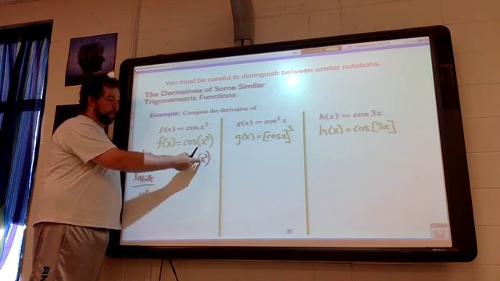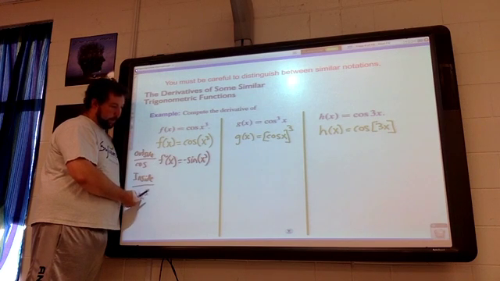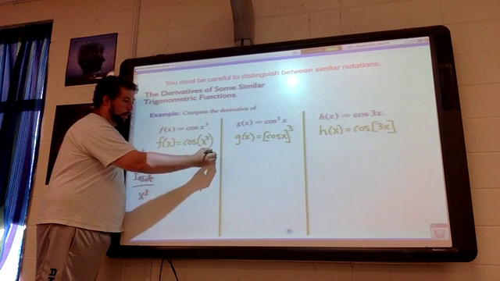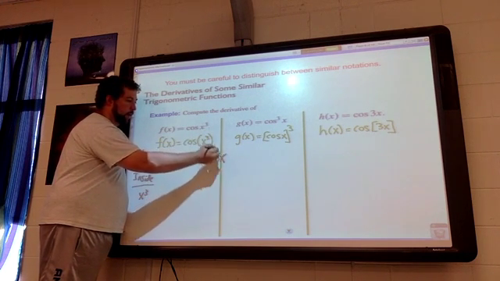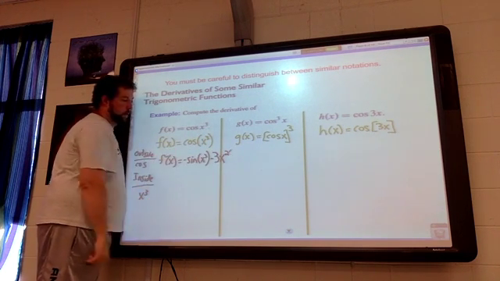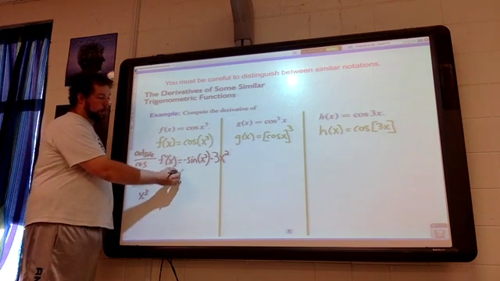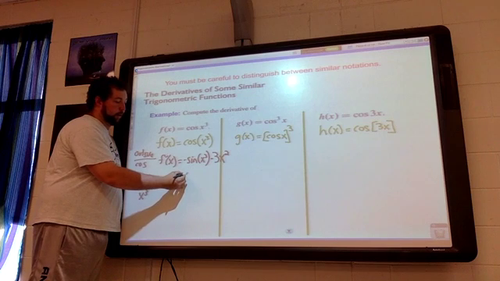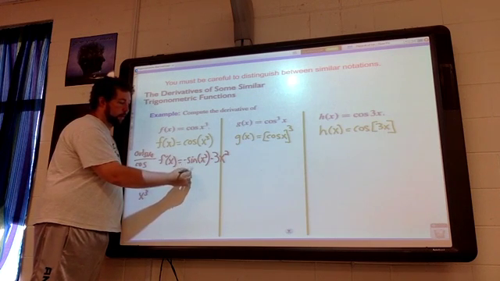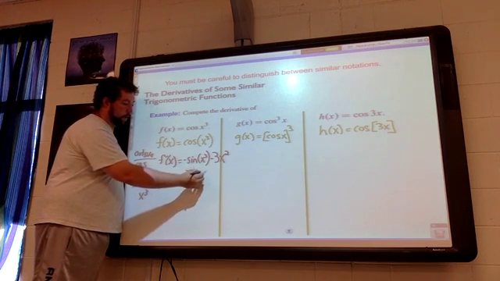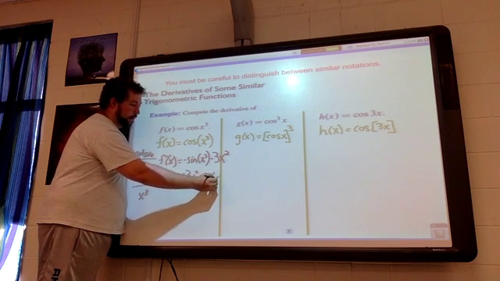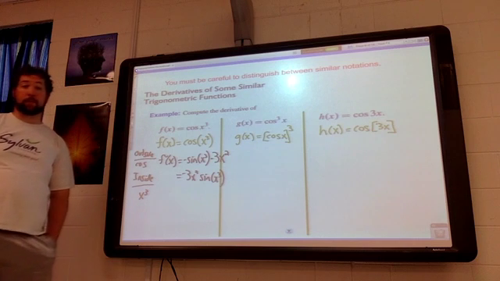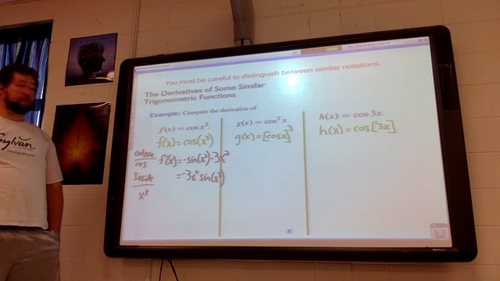And then we take the derivative of the inside and multiply it by this, so that's going to turn into times, bring the 3 down, subtract 1 from the 3 to get 2, which I'm going to rewrite by putting the 3 and the x squared first, and so it turns into my final answer of negative 3x squared sine of x cubed. Parentheses, not necessarily. Don't necessarily need those.